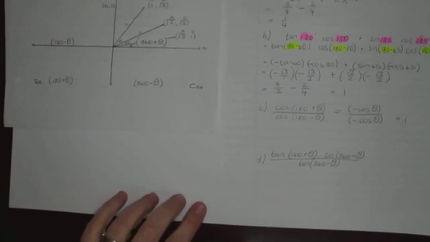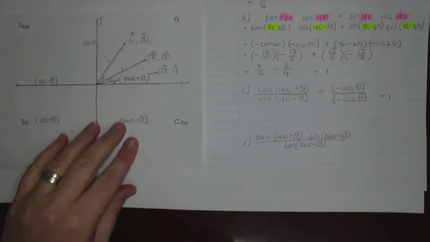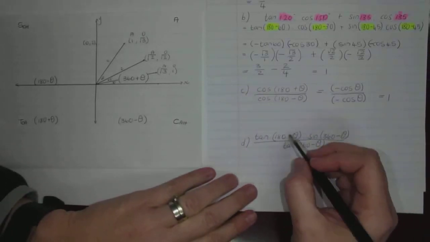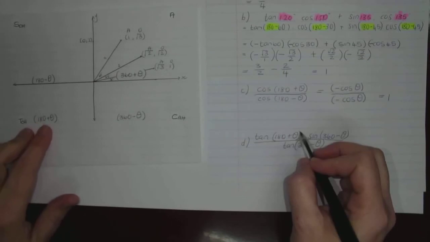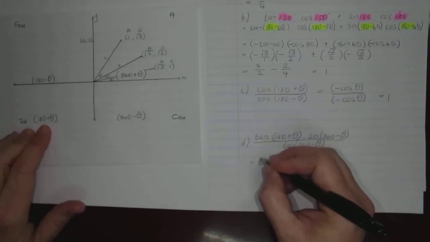Right, let's look at the next one. I'm keeping my little crib note with me the entire time. So 180 plus, I've got tan, so tan theta will be positive.